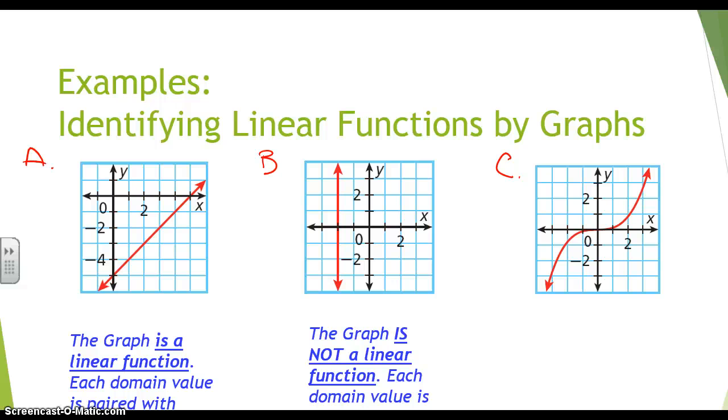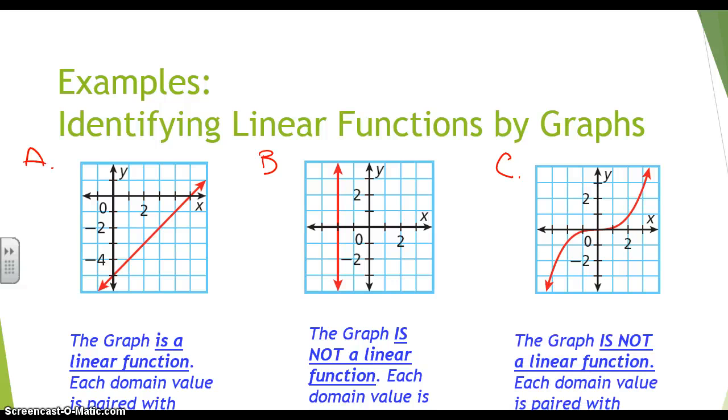So when you look at directly vertical lines like this, they are not considered linear. The next graph we have is this curved one, and this is not a linear function as well because of the curve taking place with this. So this would be yes, this would be no, and this would be no.